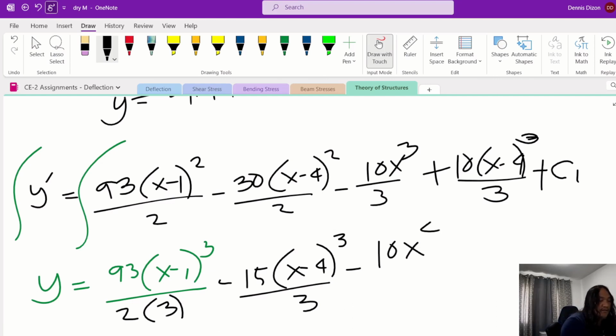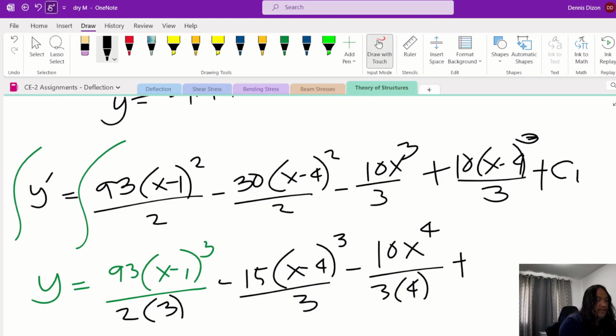x cubed will become x to the 4th, and this is 3 times 4, right? So 3 times 4, this will become 12. So this is the original 3, and then times 4, where 4 again is the 3 plus 1.